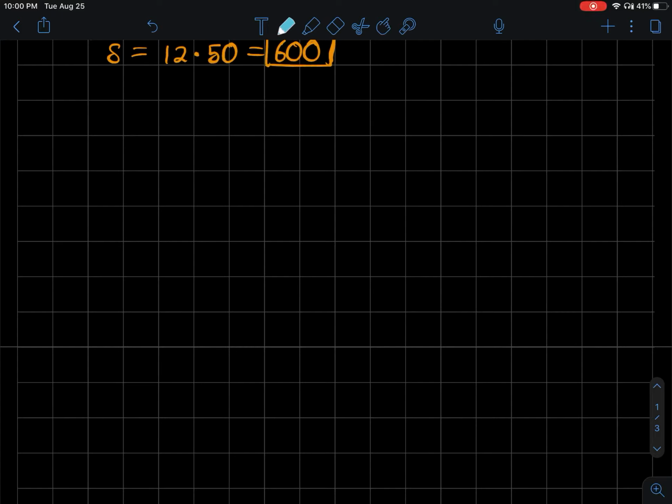Let's say I wanted to find the sum of this sequence: 1 plus 5 plus 10 plus 15, all the way until 75, right?